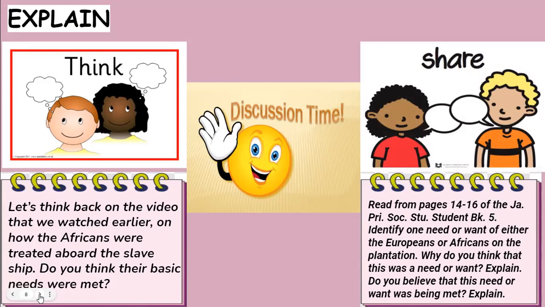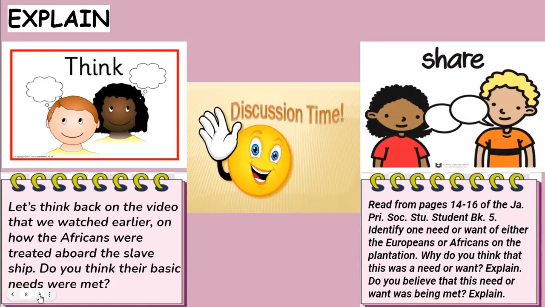You are going to say whether or not the needs of the Africans were met while they were aboard that ship. After you've done that, you are going to go to your primary social studies student book 5. If you don't have the book, I have uploaded a copy of the relevant pages in your Google Classroom. So you're going to read pages 14 to 16.